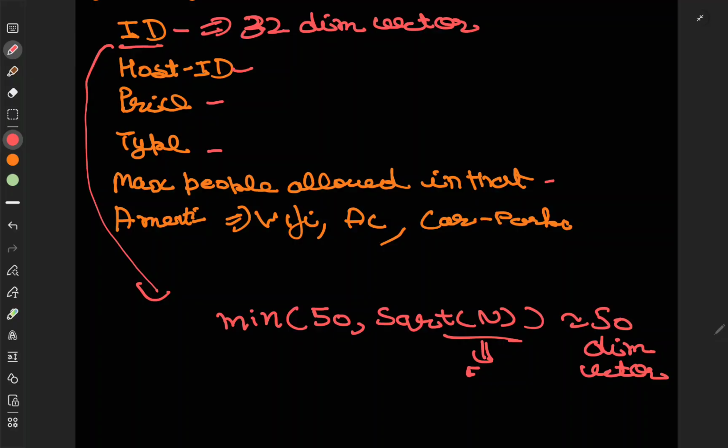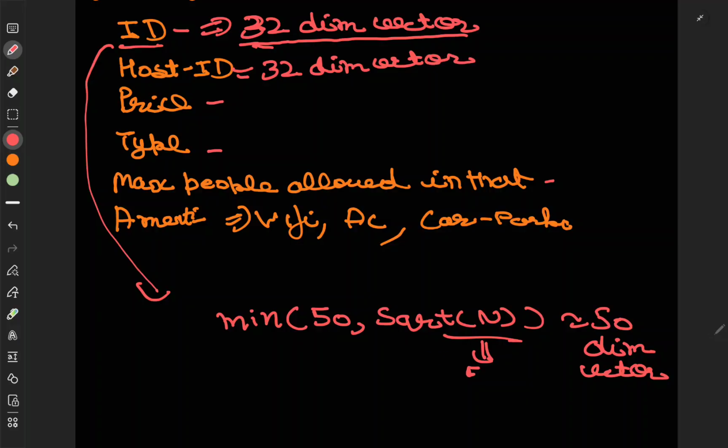But for ease of calculation, I am just using a 32 dim vector. If you want to represent it using 50 dim, that is also fine. Similarly, host ID could be represented using a 32 dimensional vector.